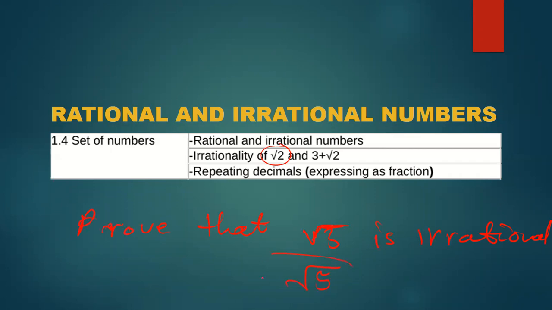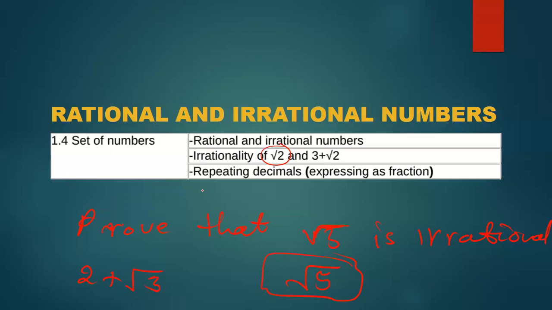How do you know that the square root of 5 is irrational? They can also ask you to prove that 2 plus the root of 3 is irrational. How do you prove that? These questions are simple and straightforward, so let us see how we're going to deal with such questions.